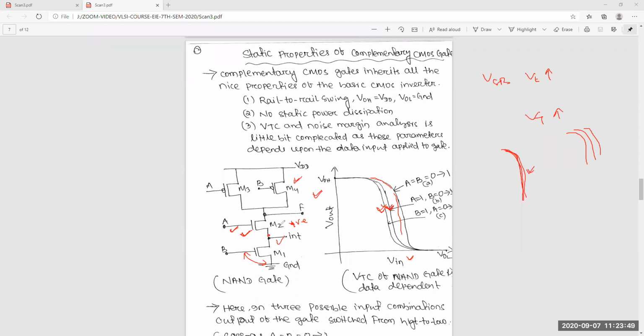But due to this threshold voltage change, because this threshold voltage increases, the strength also changes. So one will be here, another will be here. There is some shift. Okay, so now you got this point, why these two curves are there. It's not a single one.